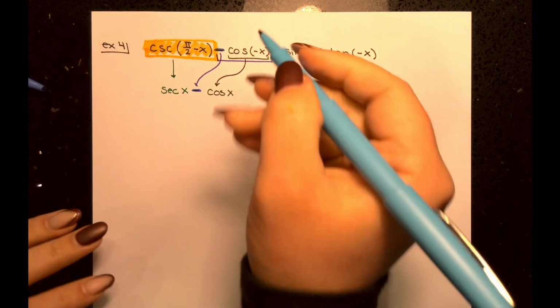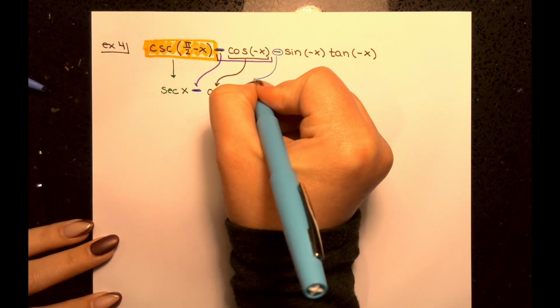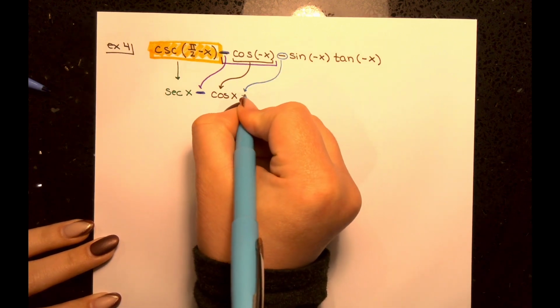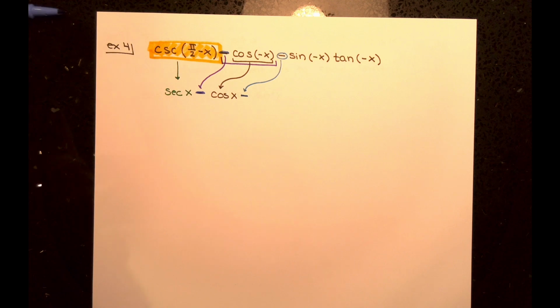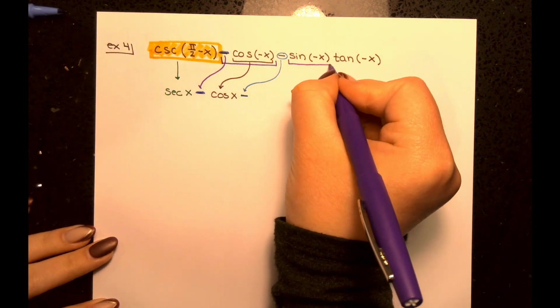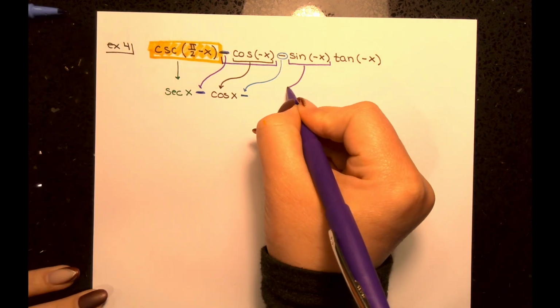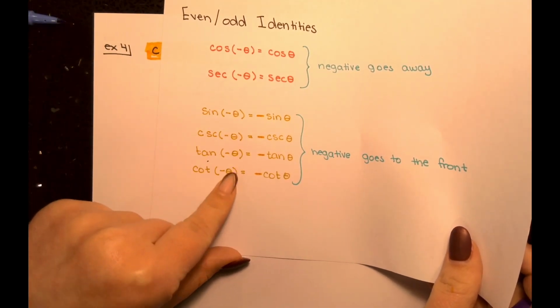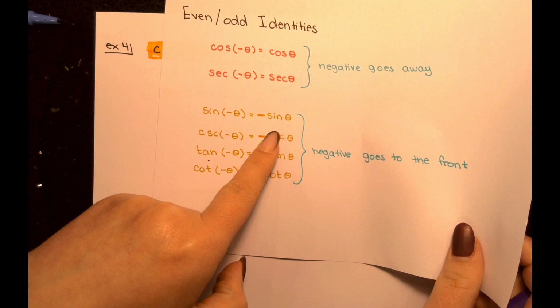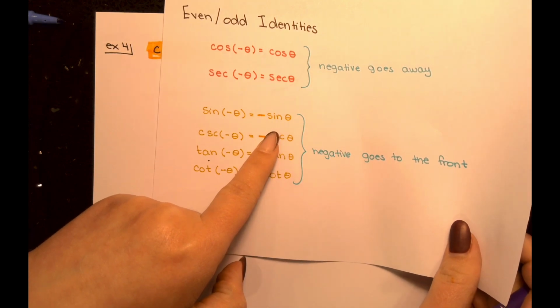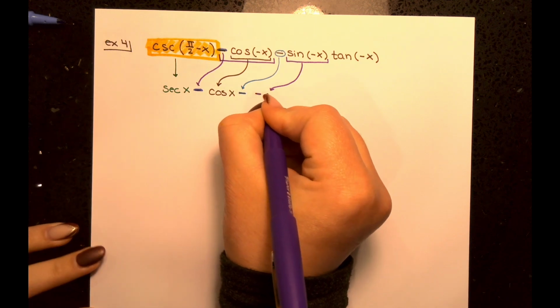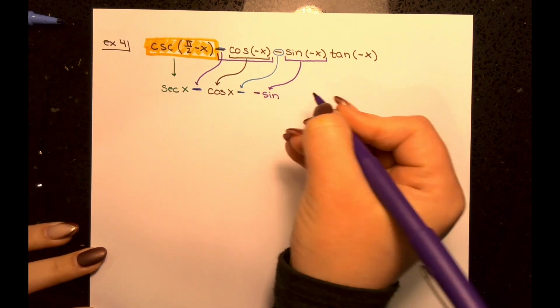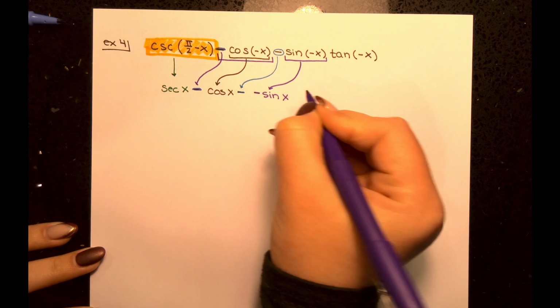Next, we bring down this negative, and we're going to evaluate sine of negative x. Now, sine is one of 4 that brings the negative out. It doesn't absorb it, it brings it out. So we have negative sine of x.